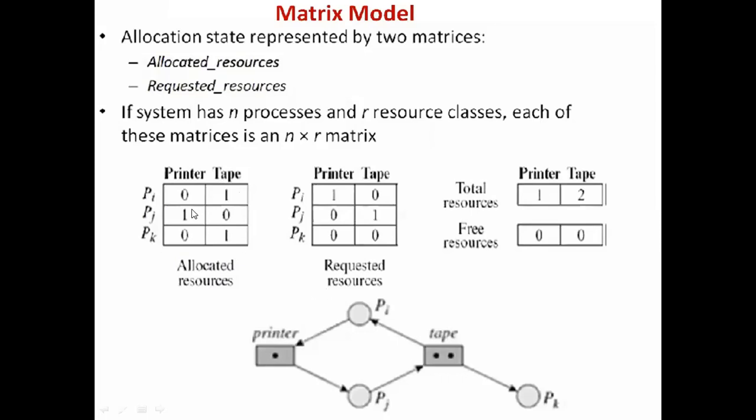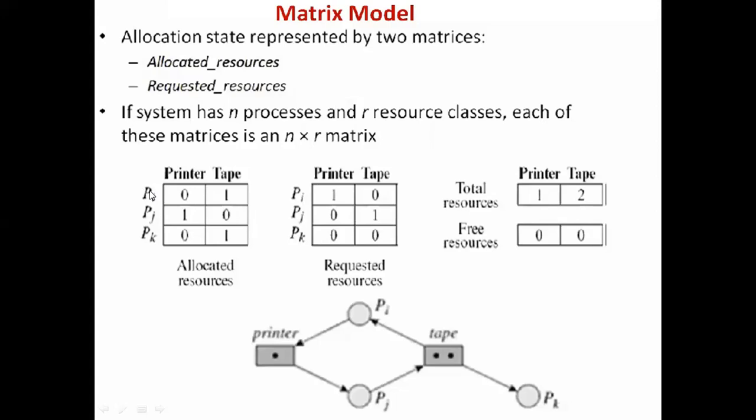So if you see the graph here, this particular one resource of tape drive is allocated to process PI, right? So you can write here 1. For the process PI, one resource of the resource class tape is allocated.